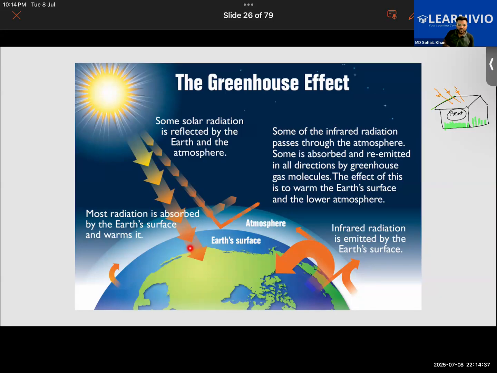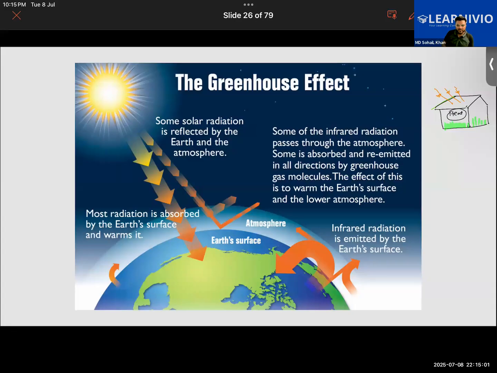And some of the radiation is emitted back into the atmosphere. Infrared radiation is emitted by the Earth's surface. So you can understand it like this: the heat is falling onto the Earth's surface, some of the heat is absorbed and some is released back into the atmosphere.